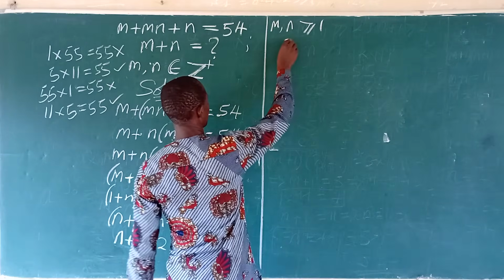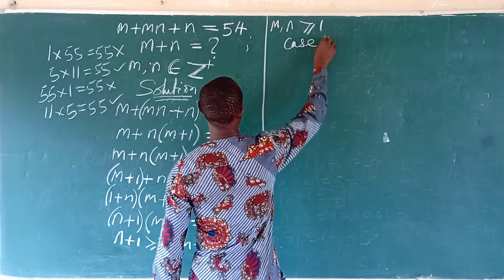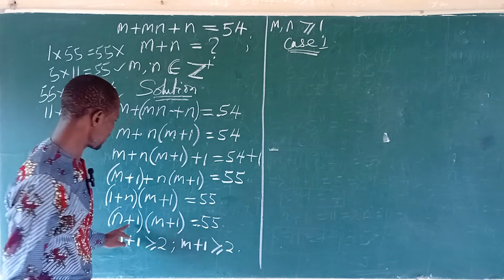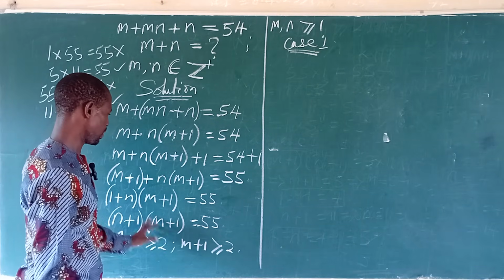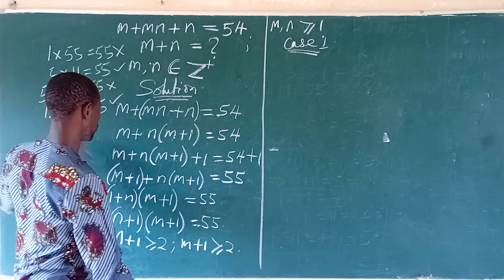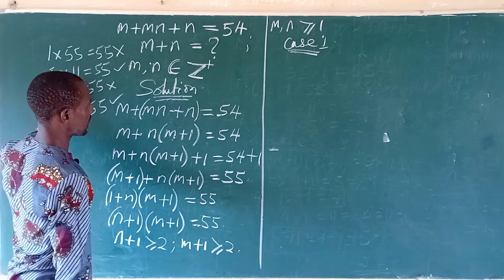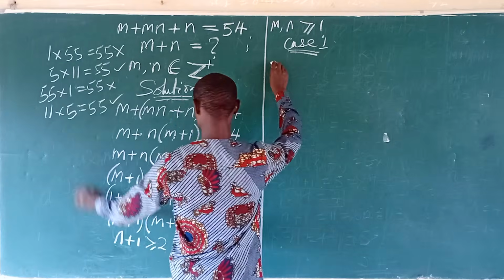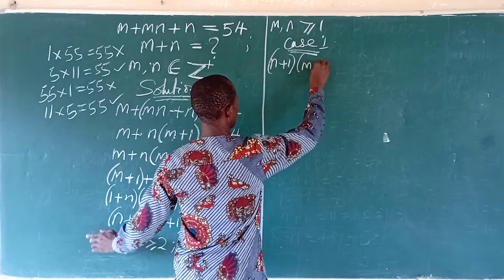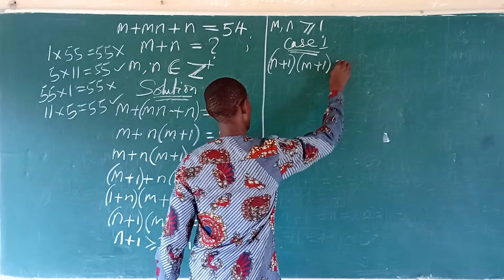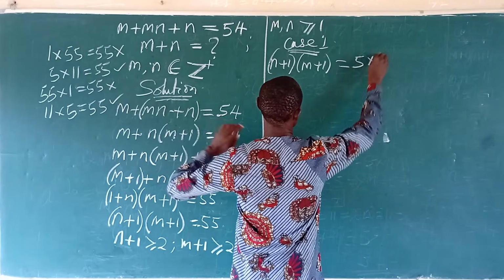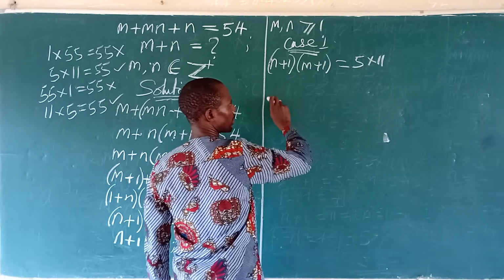So we're going to take the first case here, case 1. We're going to have n plus 1 times m plus 1 equal to 55. We're splitting 55 for this case here. So we're going to have n plus 1 bracket m plus 1 equal to, first one, 5 times 11, right?